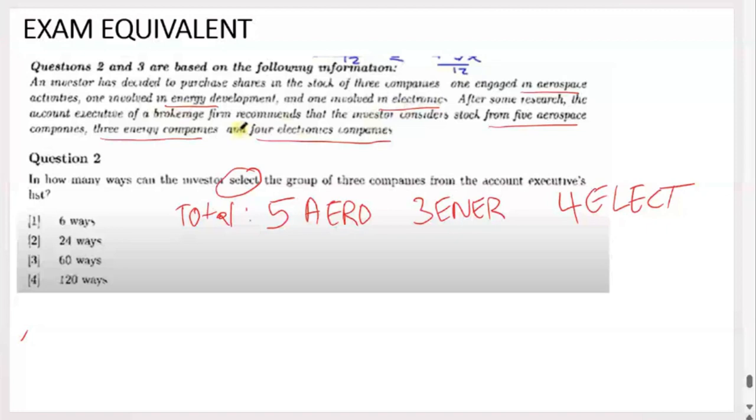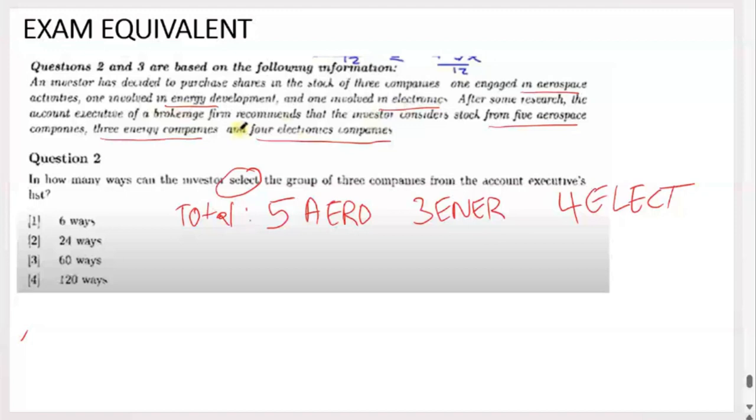No, select is already telling you this is a combination. Already I'm thinking of combination. And if I read the story further, it's not saying anything about order or special arrangement. You just have to select 3.